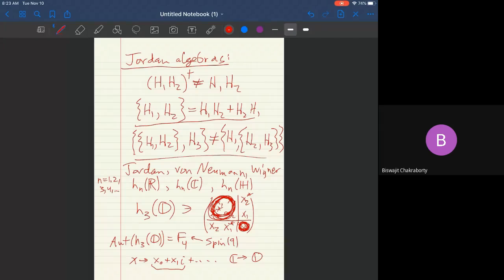But if you pick one, any one you want, and you look at the automorphisms of H3(O) that preserve that embedding of the complex numbers in the octonions, then that gives a different subgroup here.